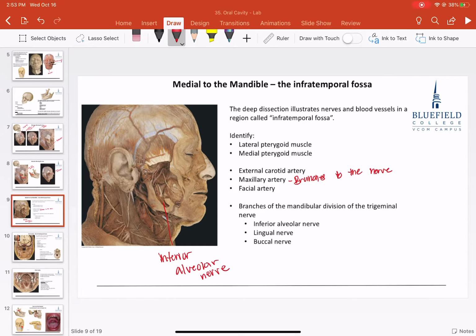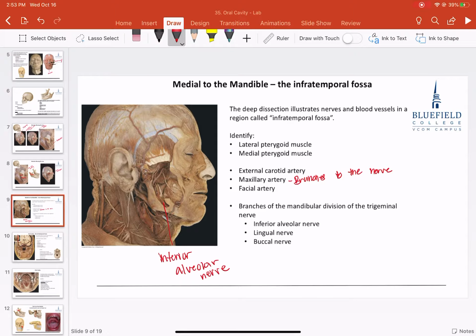I think that's really what you need to know, but these are the names of the branches that actually carry out those functions. So the inferior alveolar nerve, that's referring to the alveolar process of the mandible. So that's the nerve that's going to innervate the teeth in the mandible. The lingual nerve, of course, that's going to be going to the tongue, general sensation to the tongue. And the buccal nerve is this nerve right here.